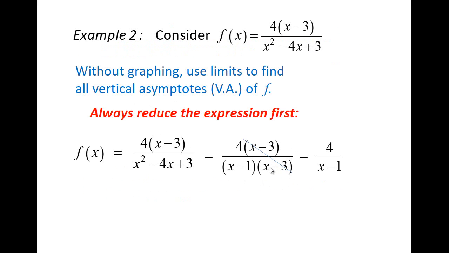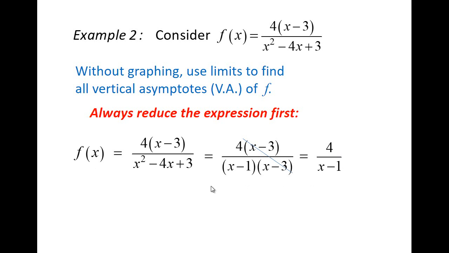But x is equal to 3 is not a vertical asymptote. The fact that you can cancel out these two factors means that this function f is the same as the function 4 over x minus 1 as long as x is not 3. Except at x is equal to 3, these two functions are the same.